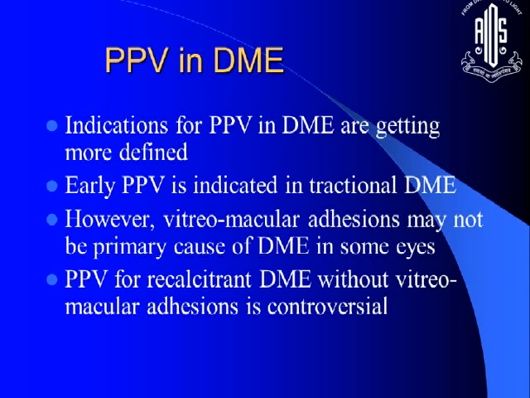There are other factors responsible. Sometimes we just think I'll just remove it and everything will be all right, which is probably not the case in many of these. And of course, partial vitrectomy in recalcitrant DME without vitreomacular adhesion is still a controversial subject.